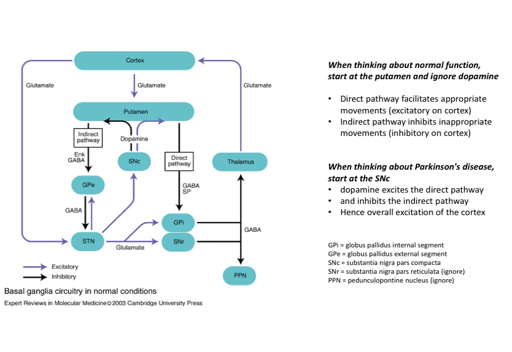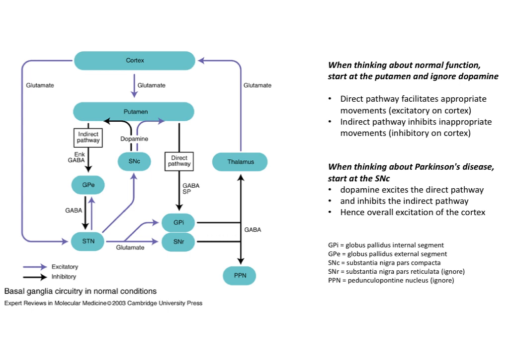Basal ganglia can be quite daunting when you first look at diagrams of the pathways. In your exams, I want to reassure you that I don't expect you to memorize the basal ganglia pathways. What I do expect, however, is that you would be able to look at a diagram like this and interpret it. So you need to understand what is going on when you're looking at a diagram like this.